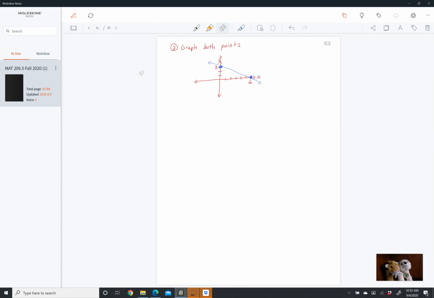And I would label your line. So this line is 3x plus 6y is equal to 18. Okay? So we connect the dots and label the line. This is what would be considered a sketch.